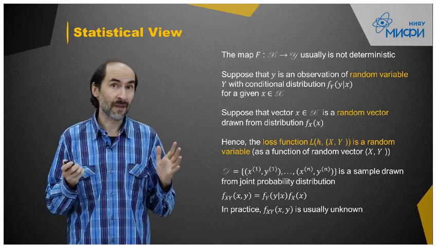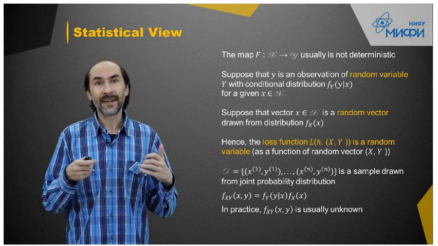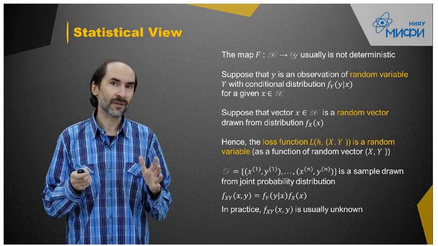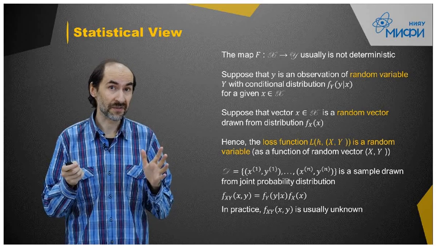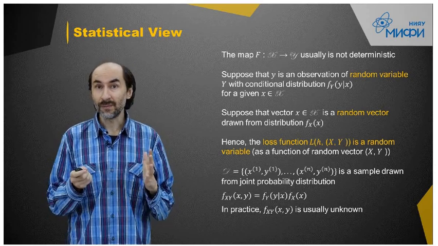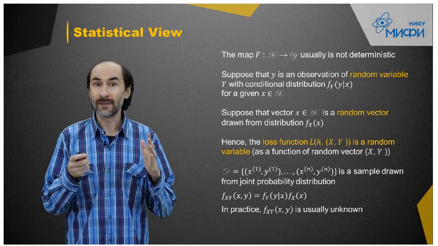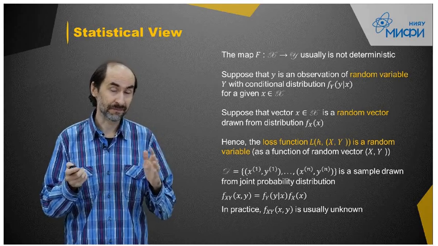That is, the output y for given x is a random variable drawn from the conditional distribution f of y conditioned by x. Also assume that the input x is a random vector drawn from some distribution f of x.